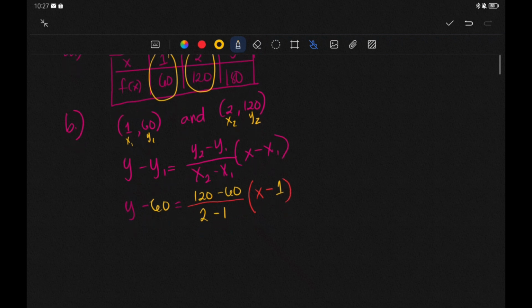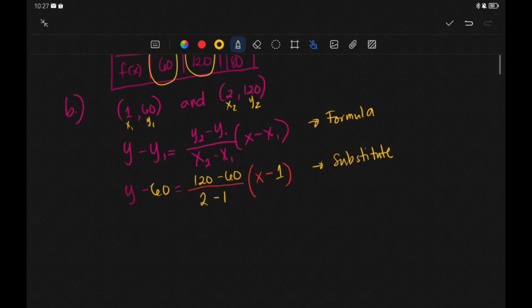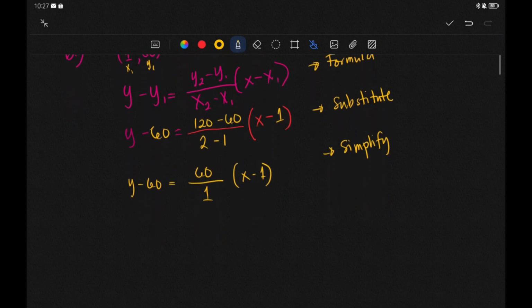Remember this is our formula. Next, you are going to substitute. After substituting, you are going to simplify. So y minus 60 equals 120 minus 60, that's 60, over 2 minus 1, that's 1, times x minus 1. After simplifying, you are going to apply the distributive property.